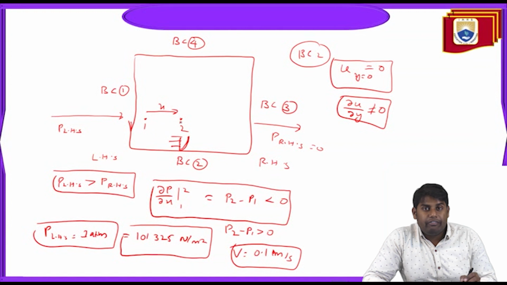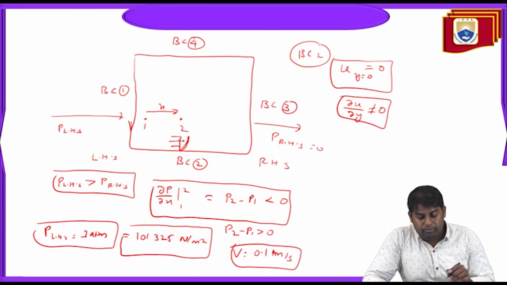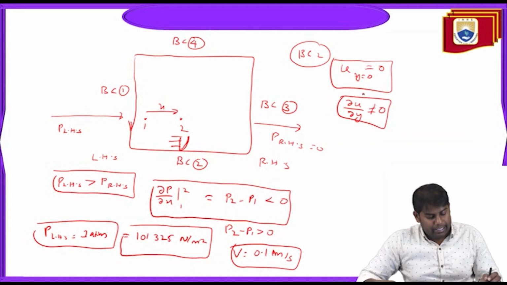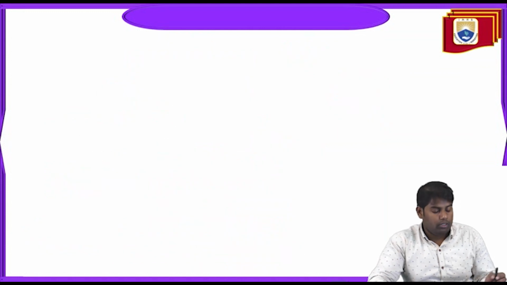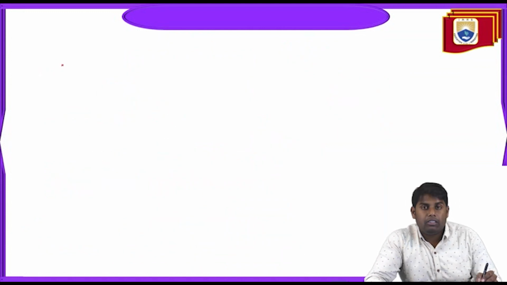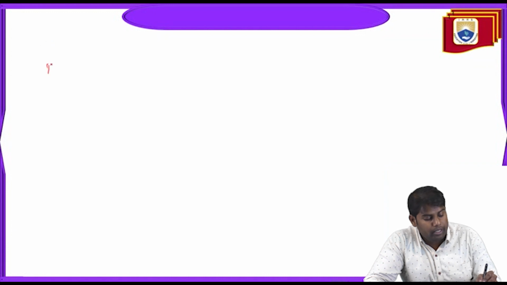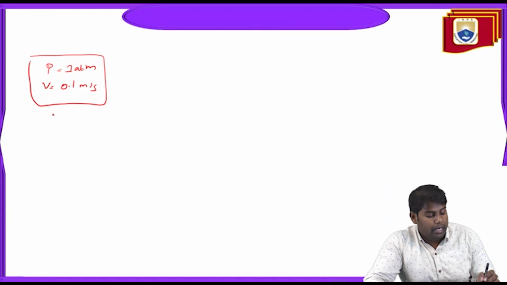When you have the flow as viscous, what happens actually? The gradient, the dou u by dou y term, will not be equal to 0. With this example, we can see that when I say Dirichlet boundary condition, I give the values directly. For example, P is equal to 1 atmosphere, velocity is equal to 0.1 meter per second, and U at wall is equal to 0 meter per second.